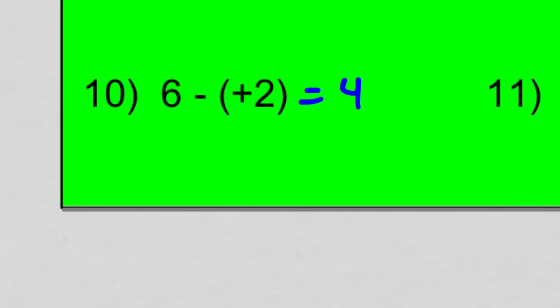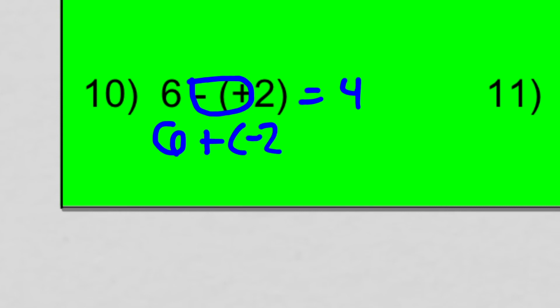But whenever you're in the minus plus situation, you can also think of it as keep, change, flip. So 6 plus negative 2. The signs are different, so I subtract 6 minus 2. And since I have more positives, the answer is positive. So either way works there.